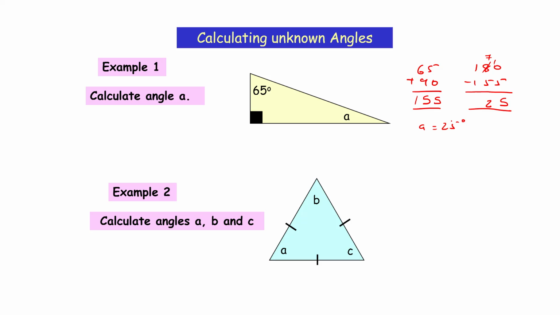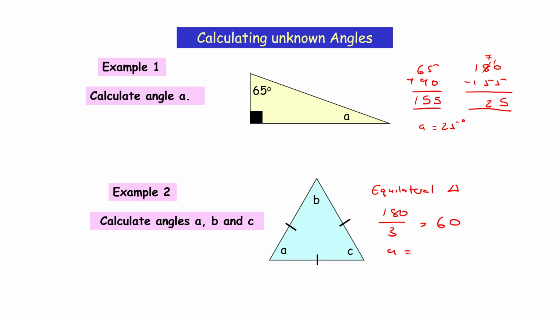So have a look at another example. In this one, we've got a special type of triangle, an equilateral triangle. So all the sides are the same, and also all the angles are the same. Do you know what they are yet? If they're all the same and they add up to 180, it's going to be 180 divided by 3, which is 60.